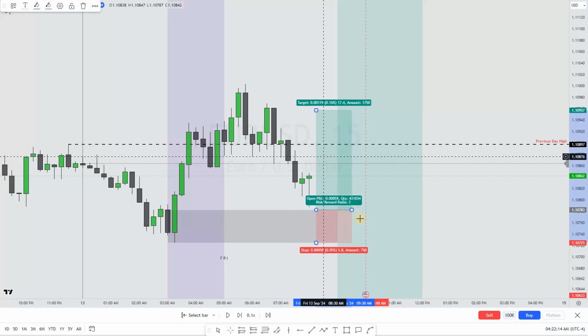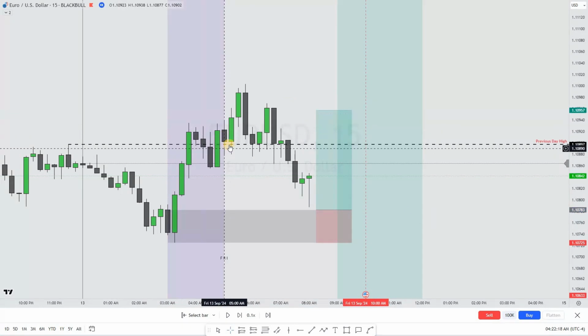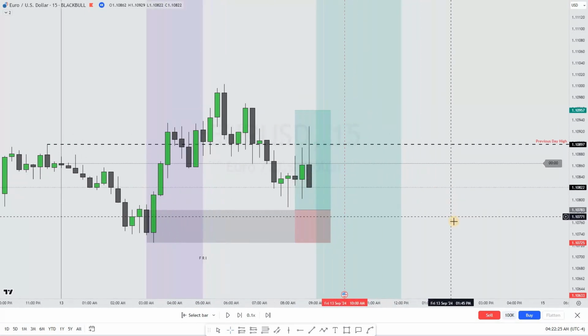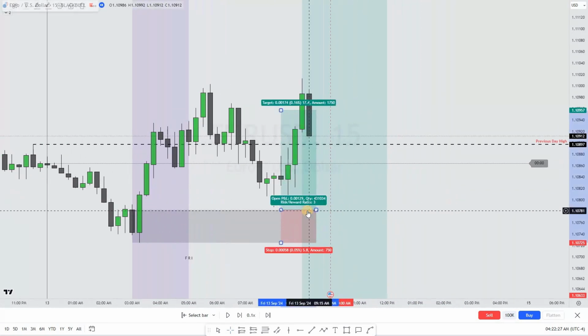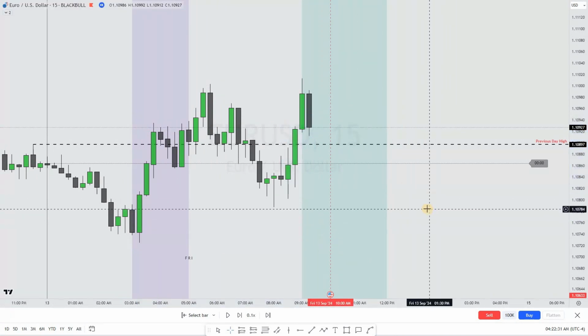I was not very confident in holding this trade any longer after price had already taken the previous day high. So that's why I closed it. And as you can see, price never came here anyways prior to 9 a.m. So yeah.